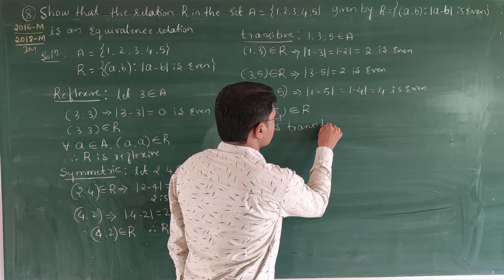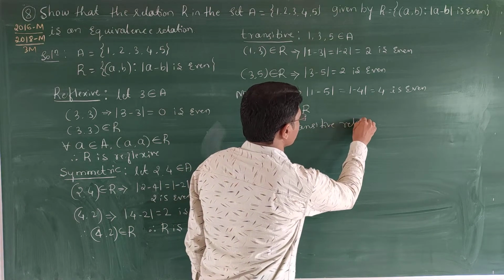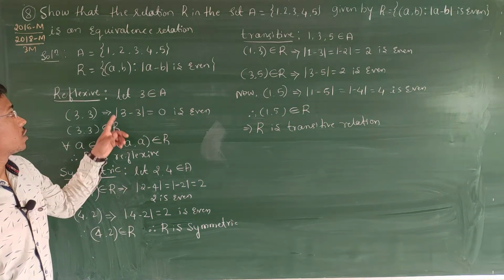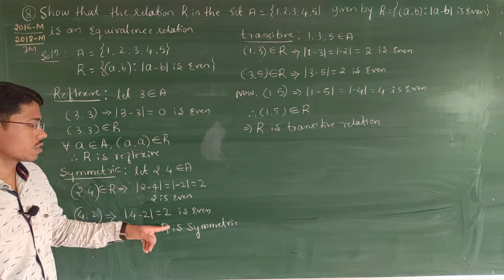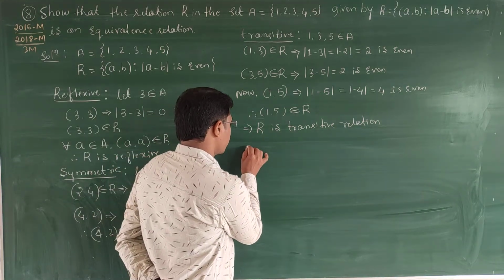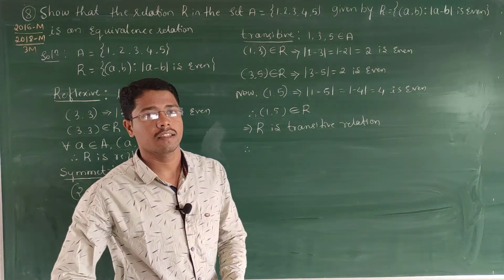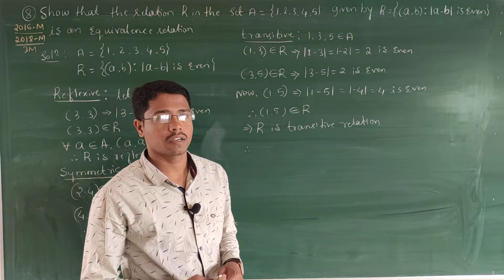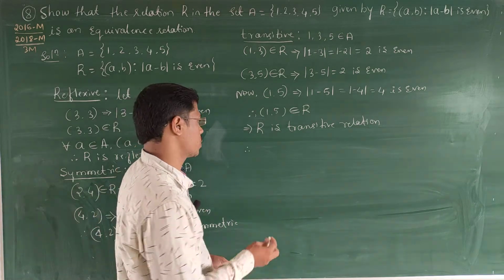Therefore the relation R is reflexive, symmetric and transitive. Any relation, if it is reflexive, symmetric and transitive, then we call it an equivalence relation.